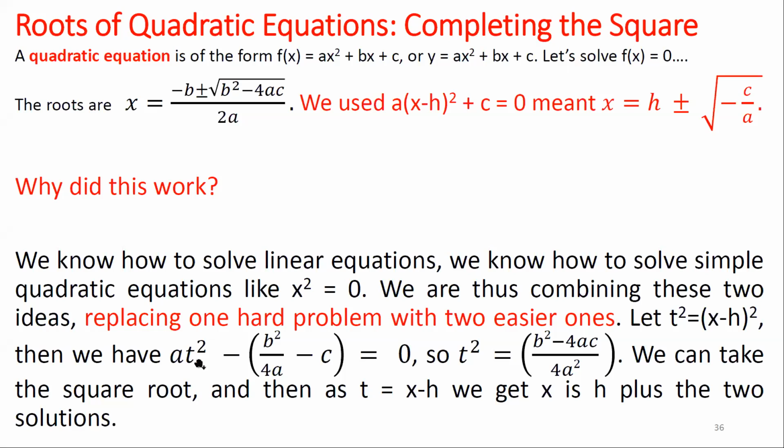So we have a t squared minus b squared over 4a minus c equals 0. So we can just solve, and t squared will be b squared minus 4ac divided by 4a squared, because we divide by the a. We know how to solve this. We just take the square root, and then since t is equal to x minus h, we just add h. And so the whole reason we're able to solve the quadratic is we can essentially reduce the general case to a simple one that we know how to do.